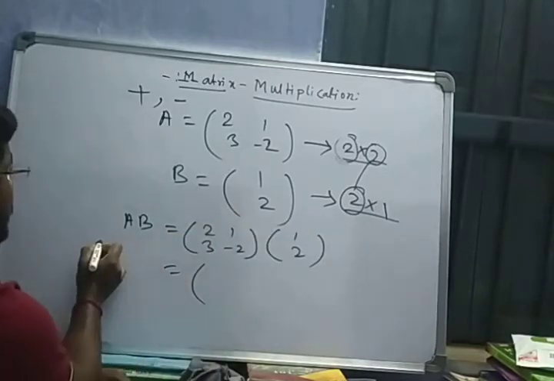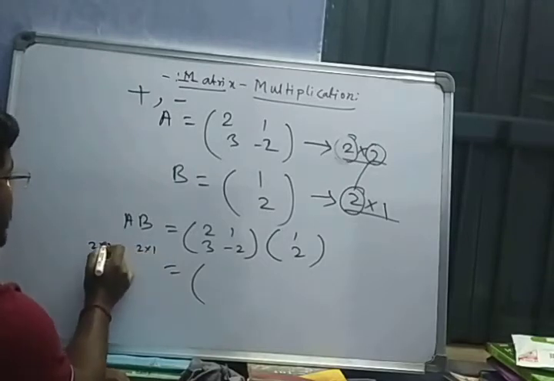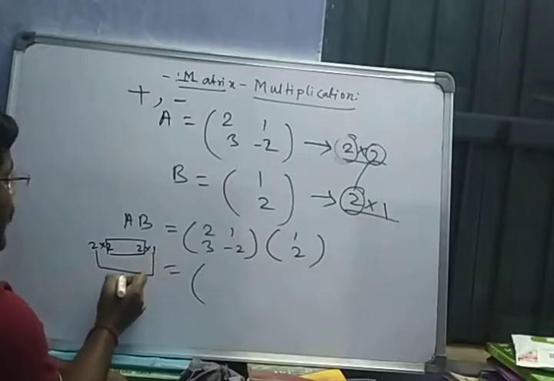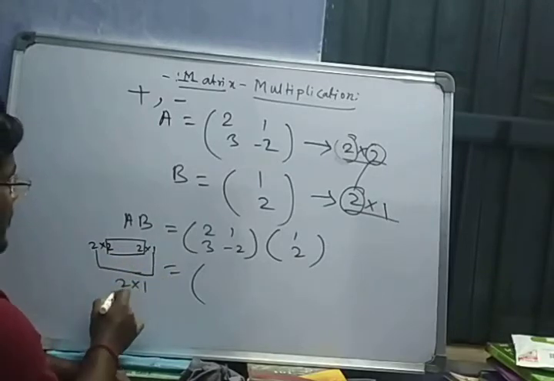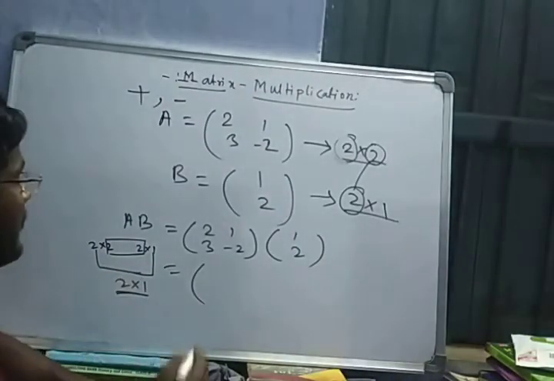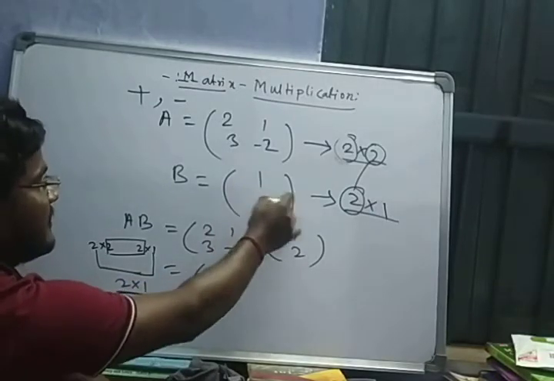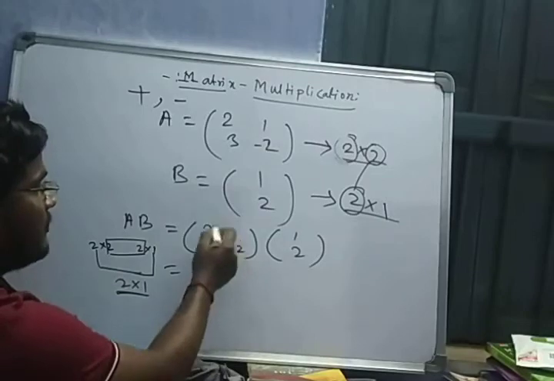Here the order is 2 by 2, and the other order is 2 by 1. The matching inner numbers are removed, and the remaining will be the order of the product. That is, the product order will be 2 by 1: 2 rows, 1 column. The answer will be like this.